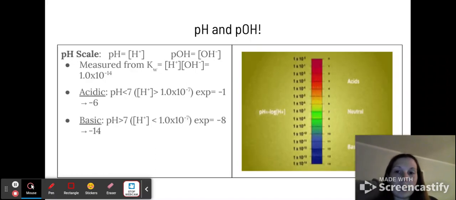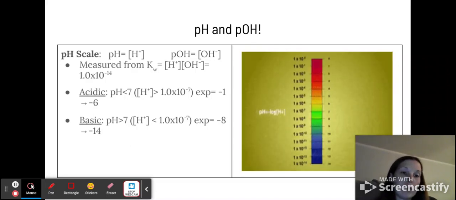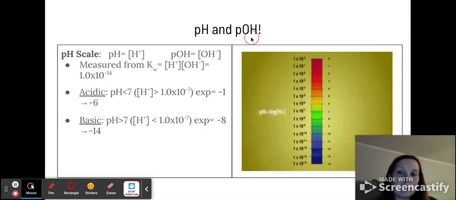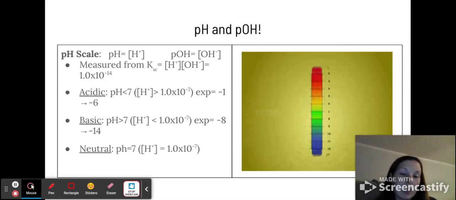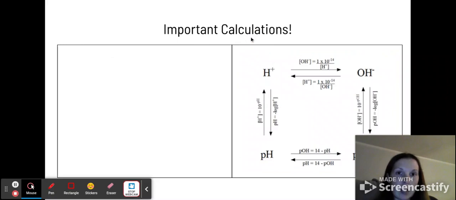And then for basic, the pH is going to be greater than 7, so our H+ concentration will be less than 1.0 times 10 to the negative 7th. So we're looking for exponents from -8 to -14. And then neutral is where your pH is equal to 7, so H+ is equal to 1.0 times 10 to the negative 7th. So those are just some values to memorize and know.